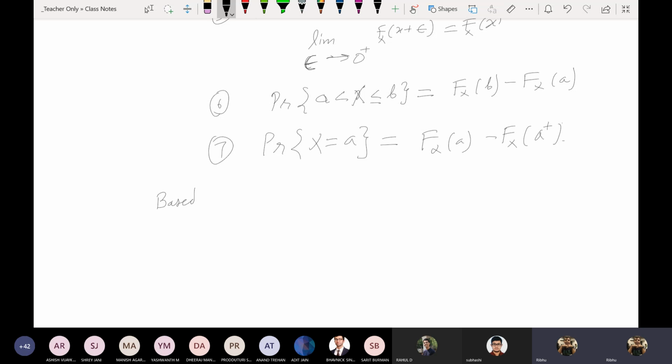It's a deterministic event, because if F_X is u of n, which means that the outcome is 0 with probability 1. So in that case it represents a deterministic event. Okay.